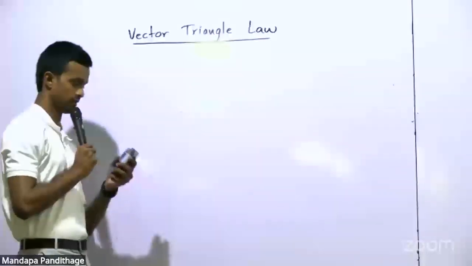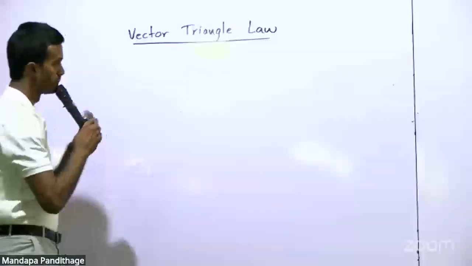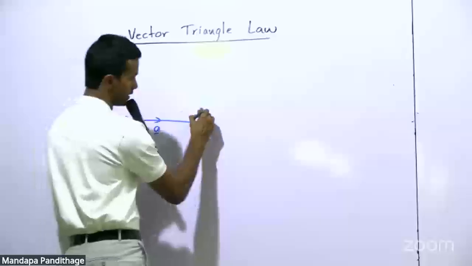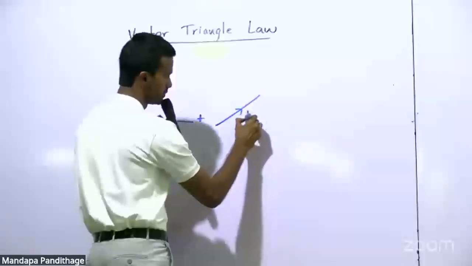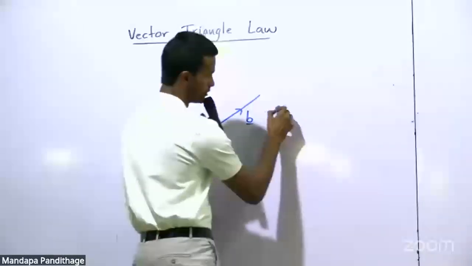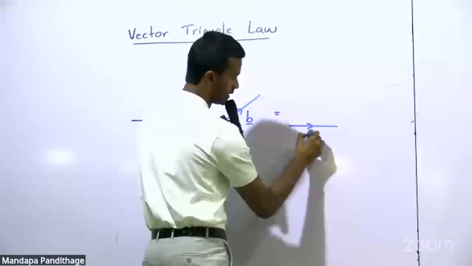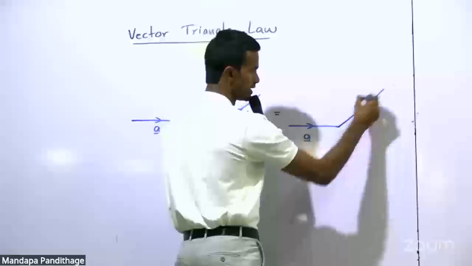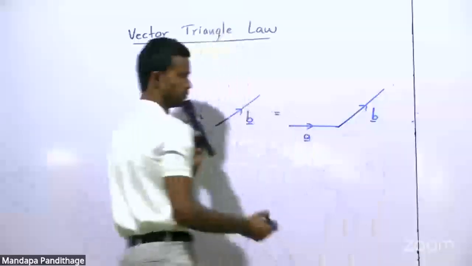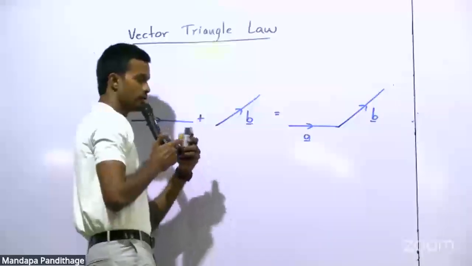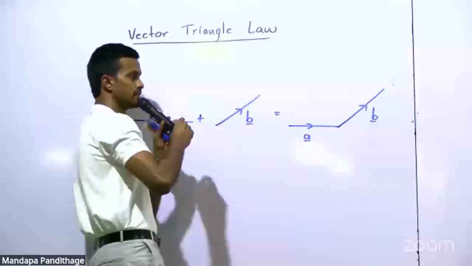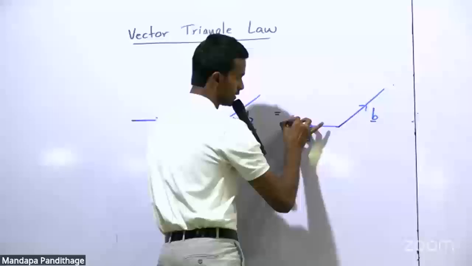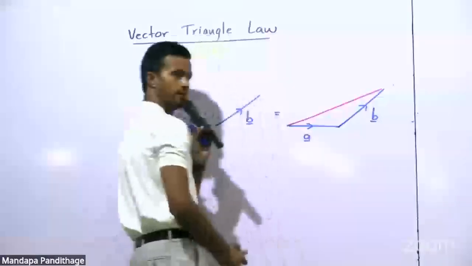Okay, so this is how we do this. Now listen. Let's say we are having two vectors A and B. What you have to do is first draw vector A, and then from the point where you stop vector A, draw vector B. Now consider the vector connecting the starting point and the end point.